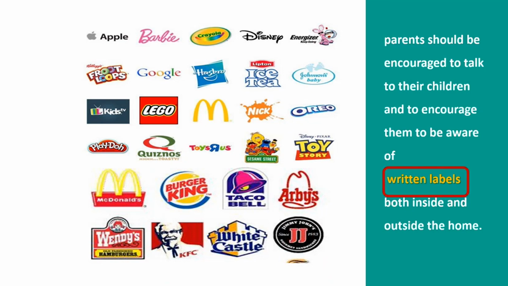Now, on this slide, you will see the different types of symbols that are familiar to children. For example, McDonald's, King Burger, those are some of the common symbols that are familiar to young children. That's where they start reading.